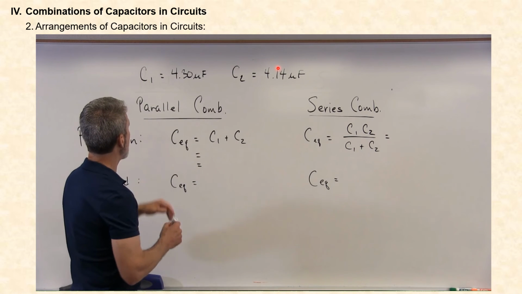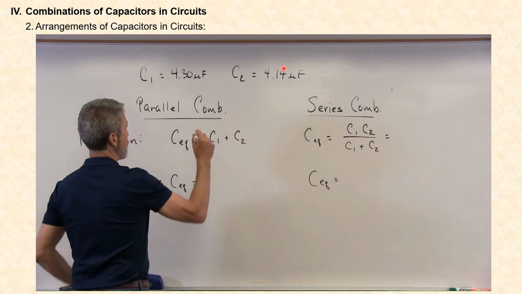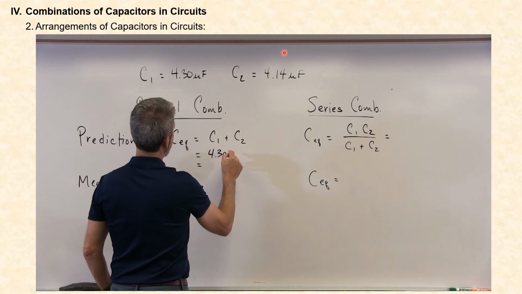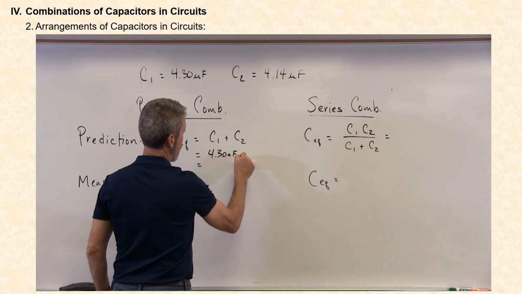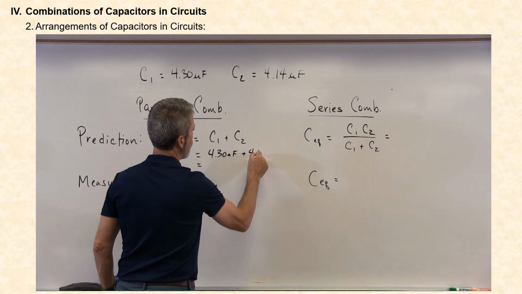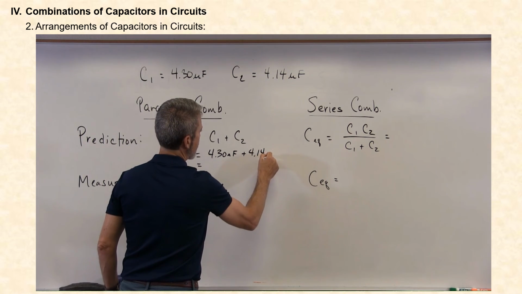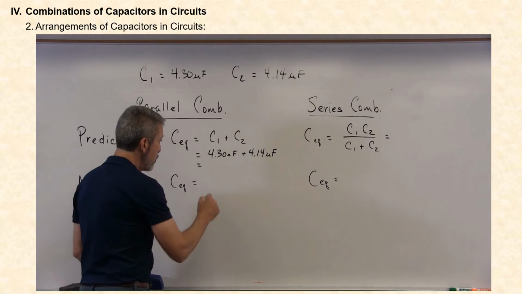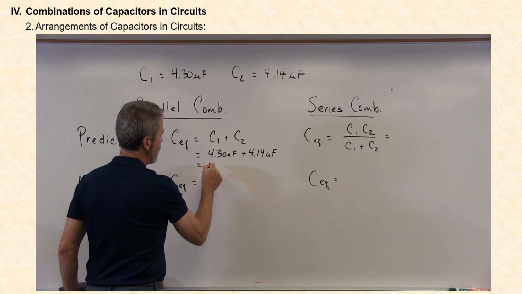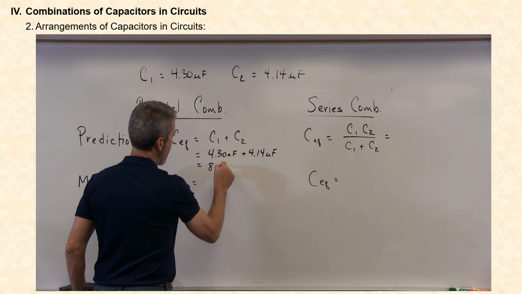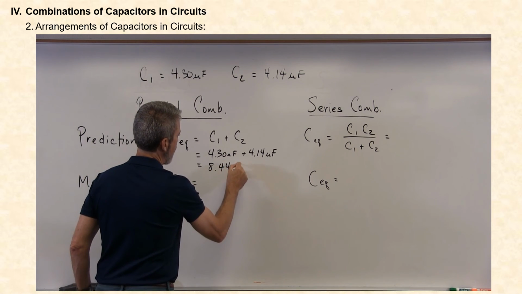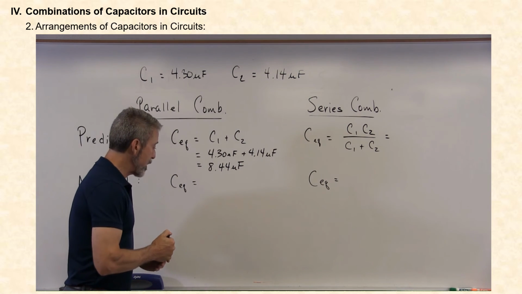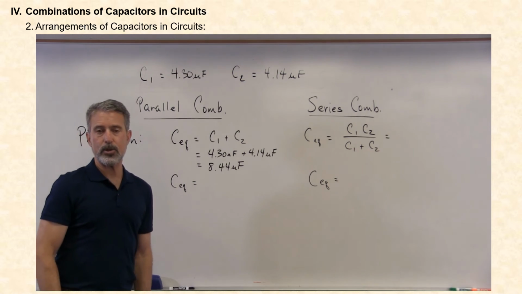So when we take the sum here, we're adding 4.30 microfarads, the capacitance of our first capacitor, to 4.14 microfarads, which represents the capacitance of the second capacitor. And when we do the arithmetic, this gives us 8.44 microfarads. That is the equivalent capacitance, in theory, of the combination of capacitors.